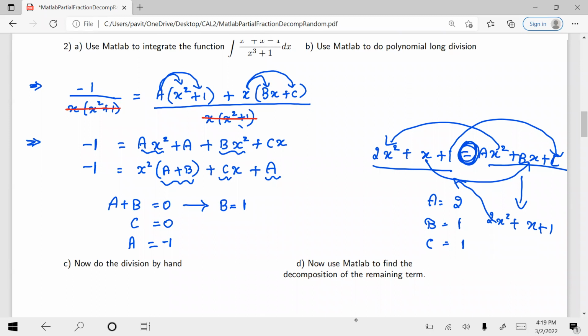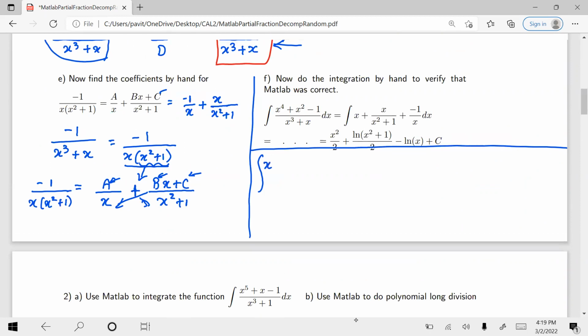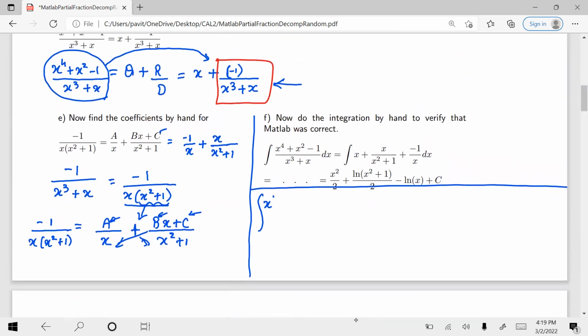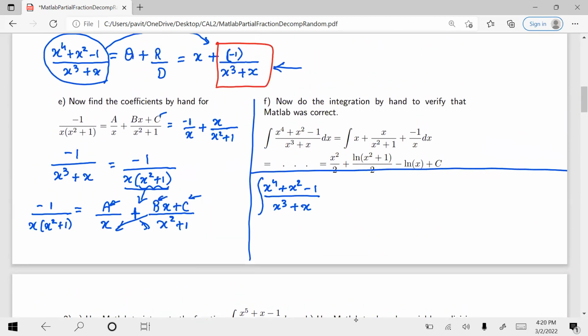Stop. Now, just to summarize what we did, the question given was x to the power of 4 plus x square negative 1 divided by x cube plus 1 plus x. Now, what did we do in the first method? Long division.